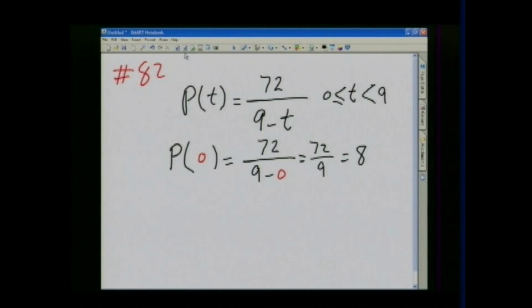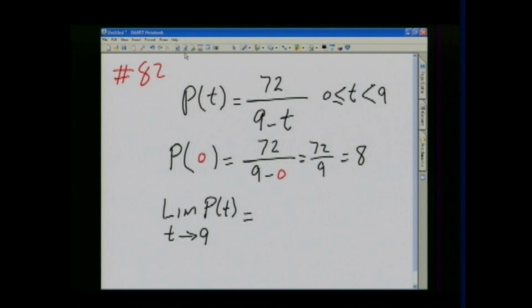Then B says, show that the population of rabbits is increasing without bound. Then you have to say that as t approaches 9, now you're trying to find the limit of P(t) as t approaches 9.